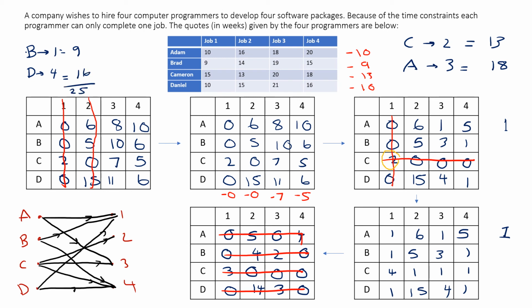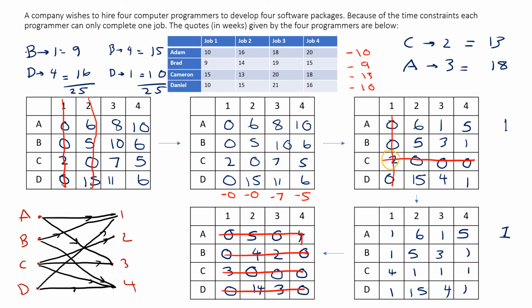If it's the other way around, Brad doing job 4 will be 15. Daniel doing job 1 will be 10, so it's also 25. So that is interchangeable then. So Brad and Daniel, it actually doesn't matter which one does job 1 and job 4. It works out the exact same.